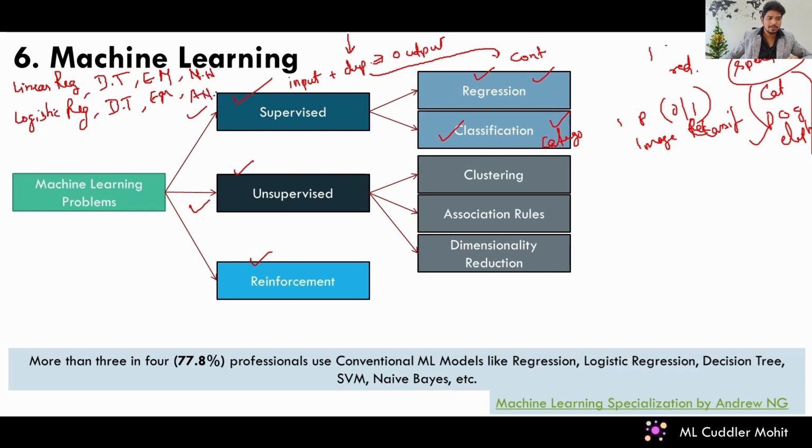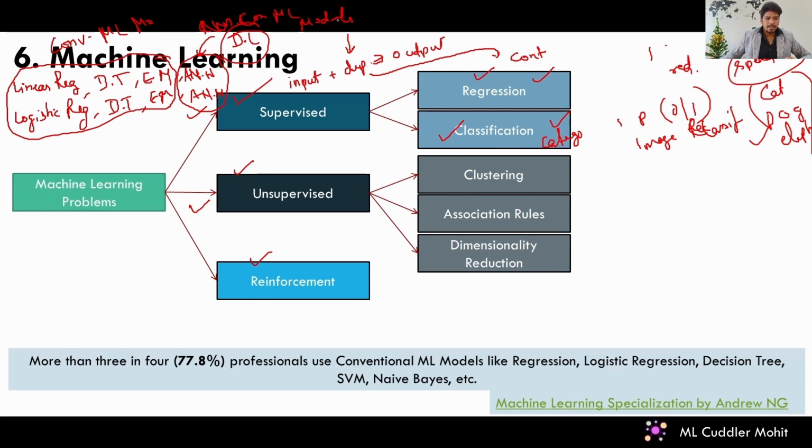Artificial neural networks we can use for these tasks, guys. Okay. So all of these models are conventional ML models, and the models which are derived from artificial neural networks like CNN, RNN, LSTM, all these models we will talk about in the deep learning part. So those models we call non-conventional ML models.